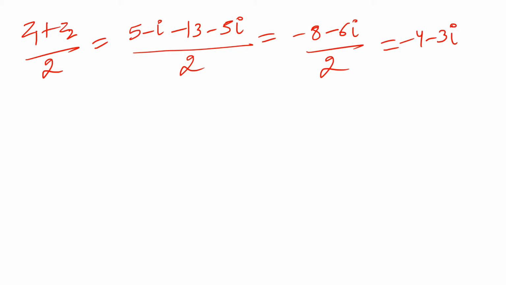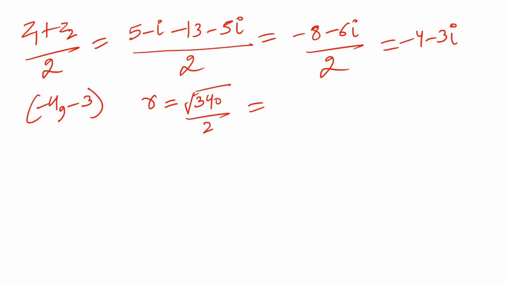So that means the coordinates will be (minus 4, minus 3). And similarly, if we find the radius for this circle, it is going to be under root of 340, as I told you earlier, divided by 2.